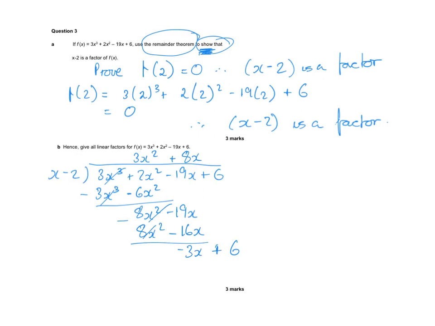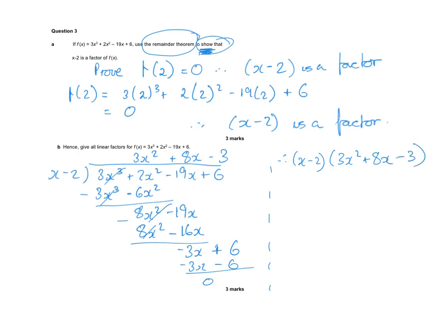Because if we don't, something is wrong. X goes into minus 3x minus 3 times. Minus 3x minus 6 is 0. Okay, so where does that leave us? It leaves us with the factors being x minus 2 and 3x squared plus 8x minus 3.